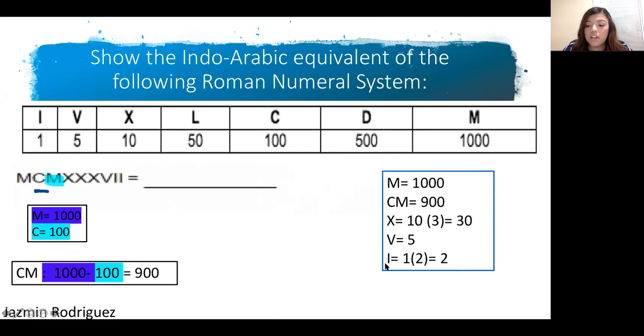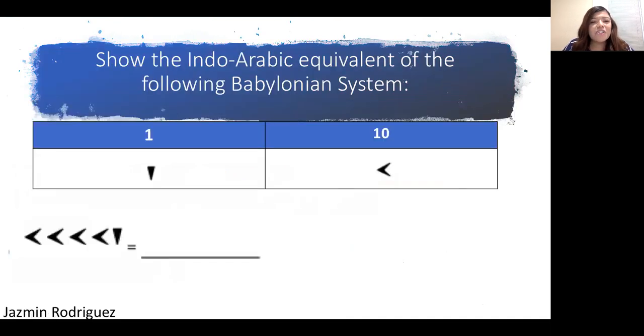Then we have I, which is 1, and we have 2 of those, so we multiply and we get 2. Then to get our total, we add those up, and we get that the Indo-Arabic equivalent of this Roman numeral is 1,937. That was fun.